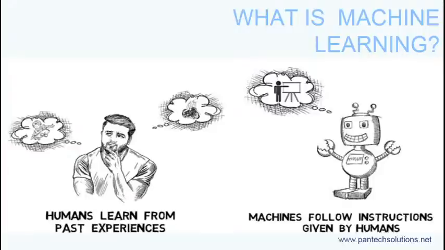Based on the object's size, shape and other attributes, we can easily predict whether it's a bike, a car or a skateboard. But we need to feed the machine past data and train the machine on it, and then the machine predicts the output.